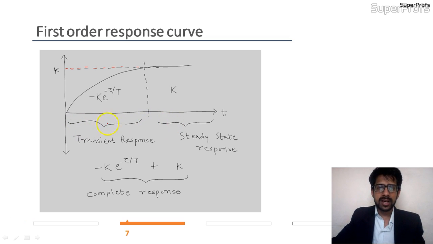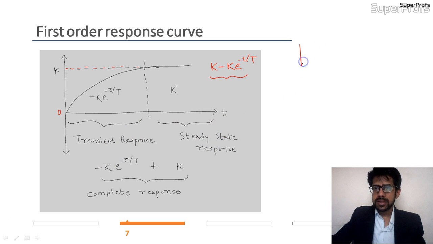Before that, you get a transient response where the system is struggling to reach K. Here we have value 0, and after some time the value reaches the desired K value. As you can see, we had the response as K minus K into e raised to minus small t by capital T. Now, the complete response is modeled as the addition of transient response and steady state response.